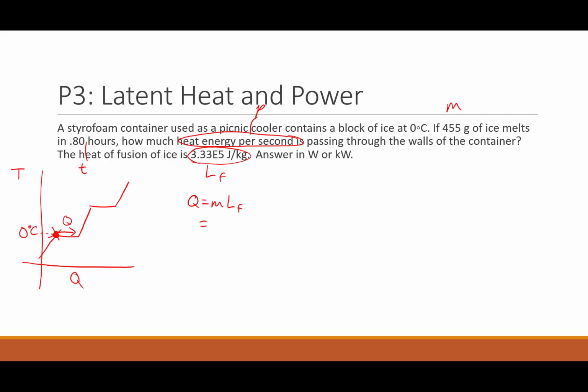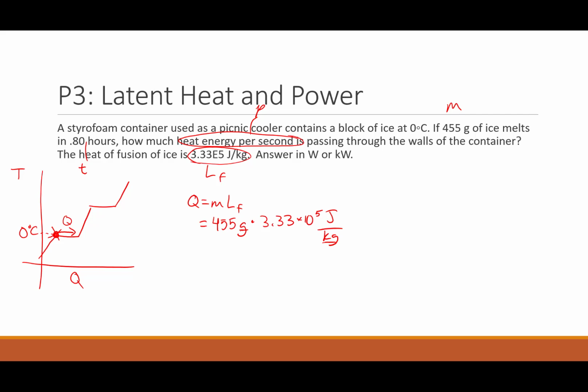So we have 455 grams of ice is our mass times 3.33 times 10 to the 5 joules per kilogram. We would multiply this out, but we have grams over here and kilograms down here. So we're going to need to convert one of them in order to cancel out the units. I'm going to convert the grams to kilograms.